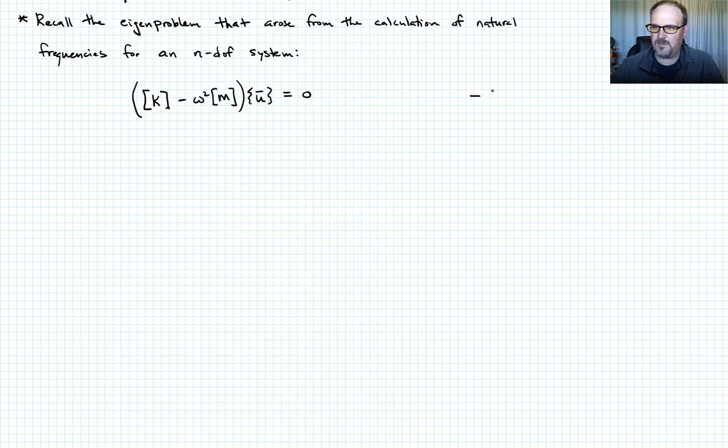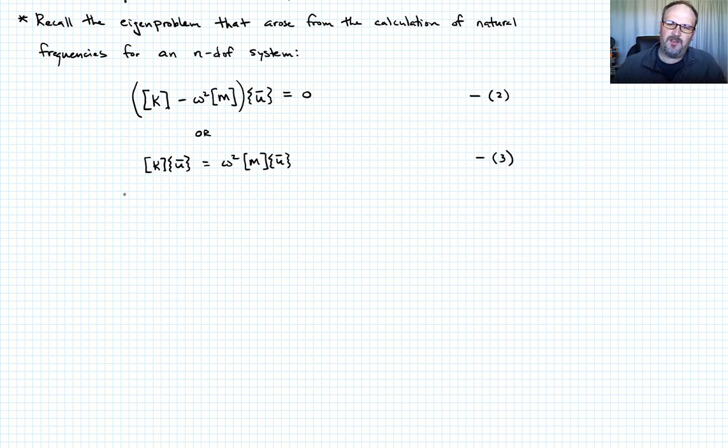Let's call that equation 2. I could also write this as K times U bar is equal to omega squared times M times U bar. Let's call that equation 3.